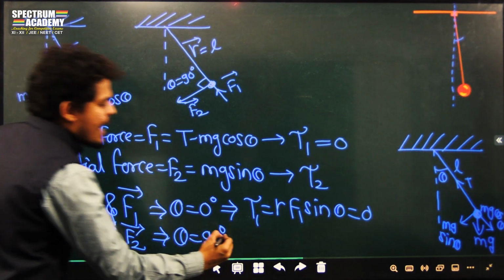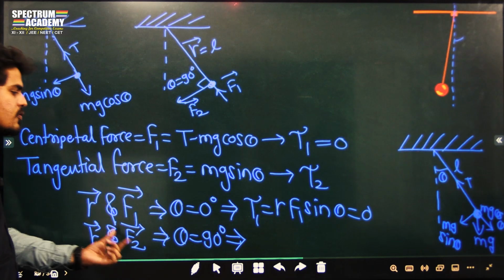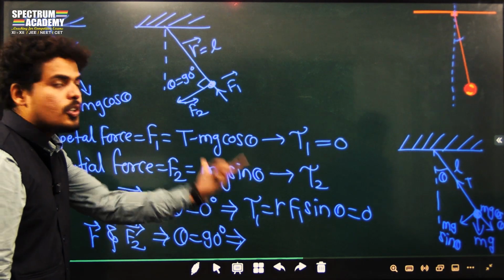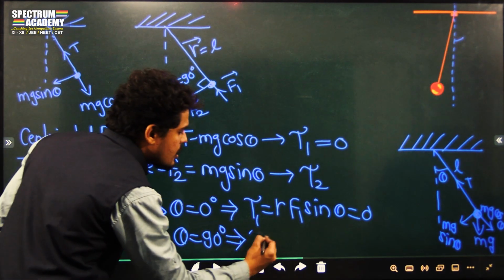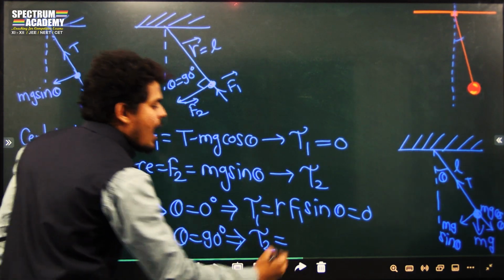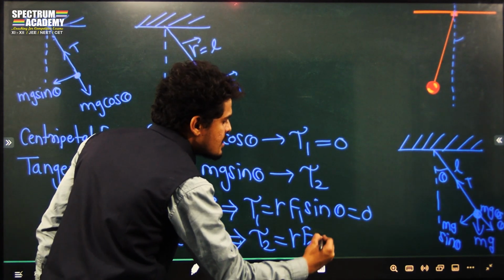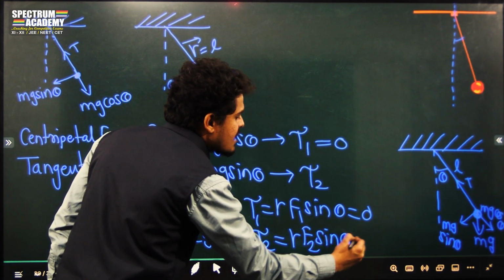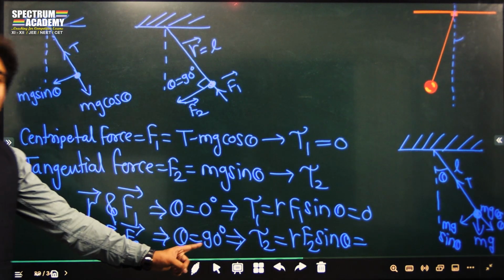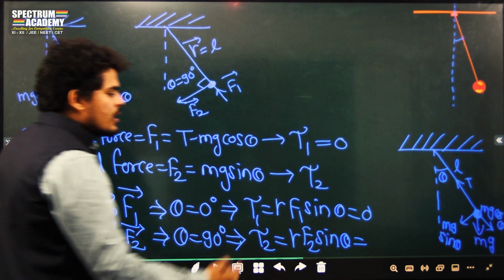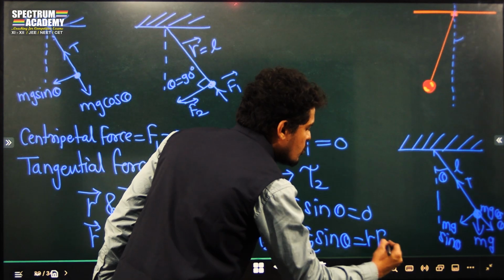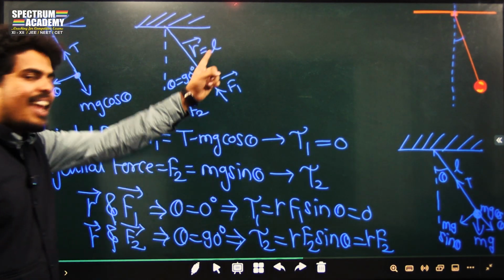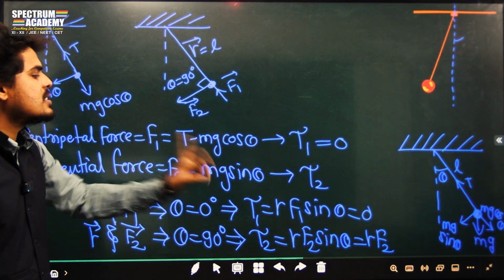Now you can see that the torque due to this force F2, that means the torque due to mg sin theta, is tau 2 equals R F2 sin theta, but sin 90 is 1 because theta is 90 degree. So that means R F2, but R is the length and F2 is mg sin theta.